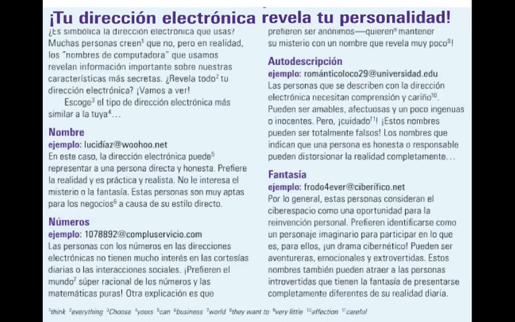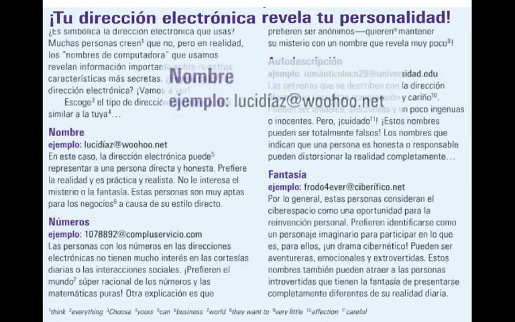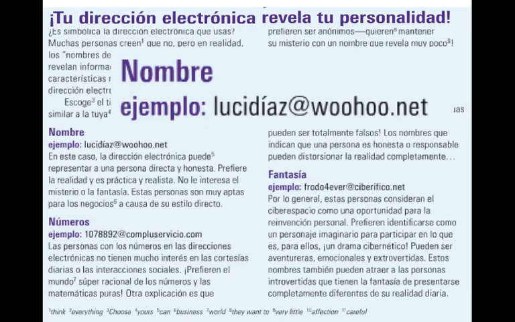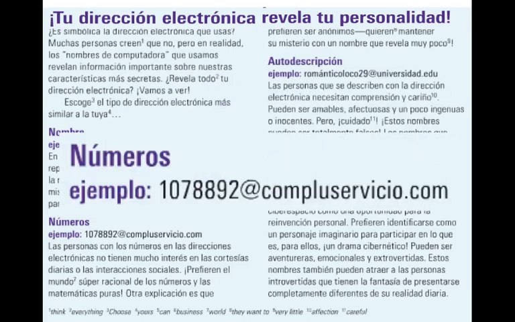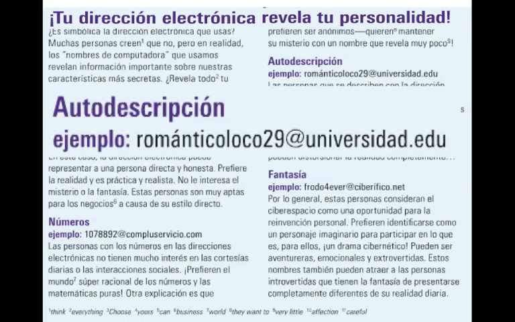Let's take a look at the subheadings. Nombre, ejemplo, Lucy Diaz. Easy, right? The name. So we're looking at a section that describes what somebody's like if they use their name as their email address. Números. Yep. What's someone like who uses numbers as their email? Dirección electrónica. Autodescripción.